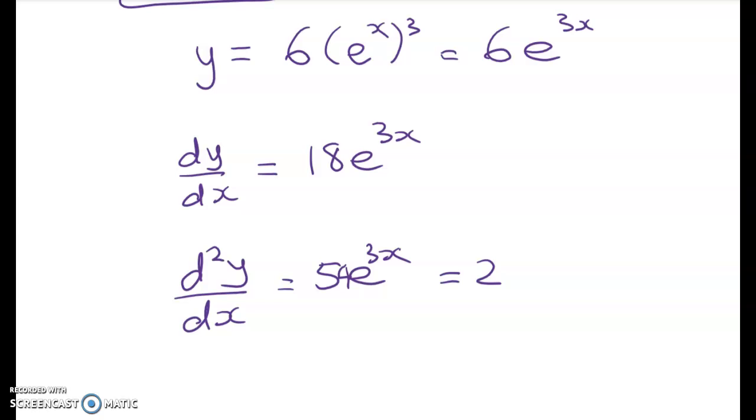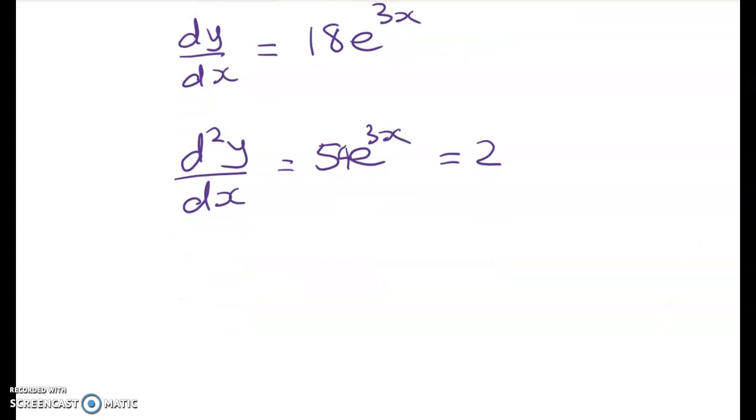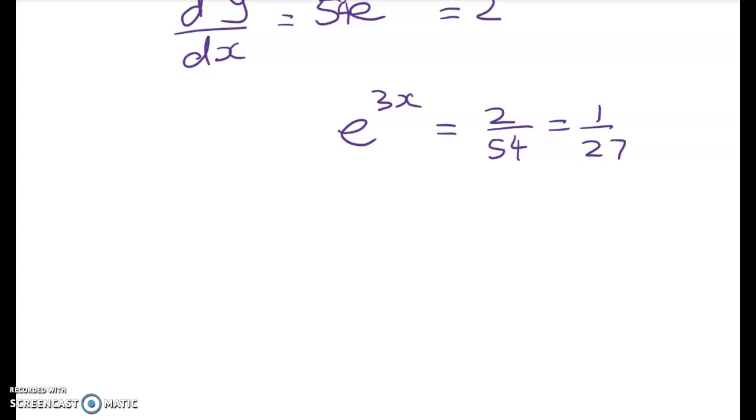So doing it that way I think is probably easier so far, but we have to do some exact value work confidently for the next bit. So we have e to the 3x is equal to 2 over 54, which is 1/27th. Right, so e to the 3x is 1 over 27.